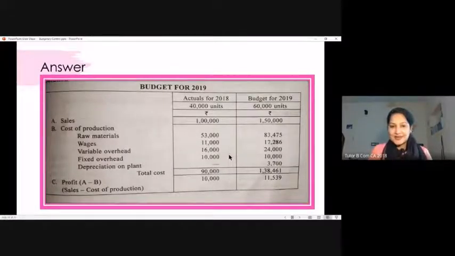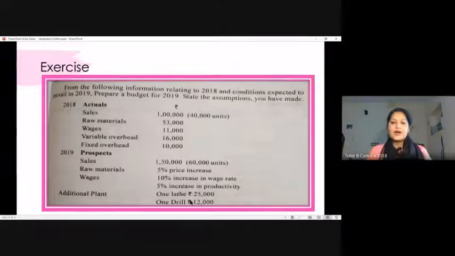Now, as I said, there is an additional planned purchase which has not happened yet, but is going to happen in 2019. When there is a purchase, depreciation is automatically part of that, and plant is generally depreciated at 10%.